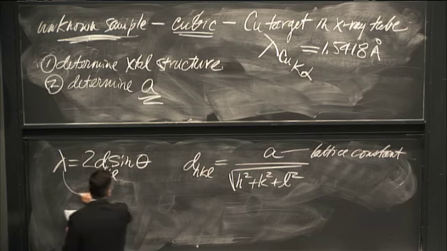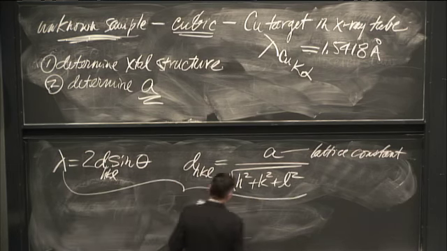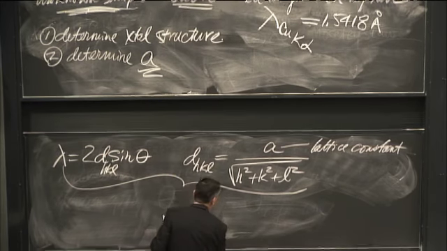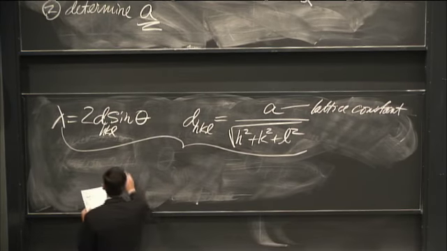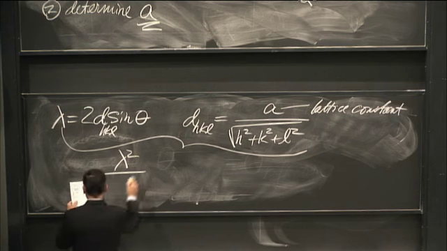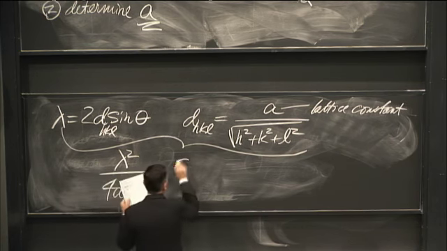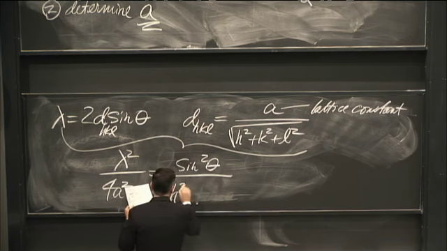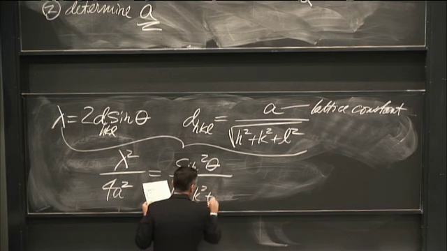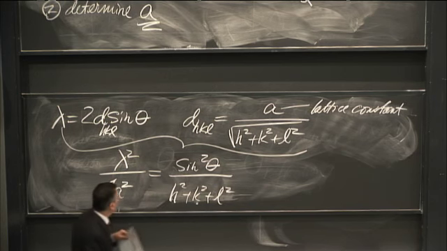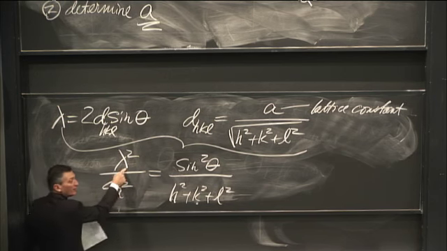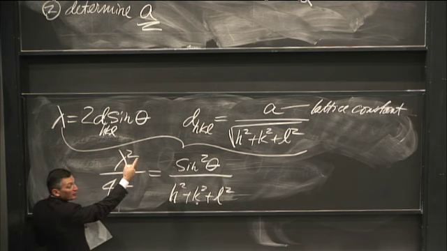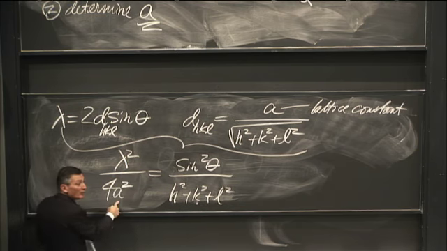If you combine the 2, you get lambda squared over 4a squared equals sine squared theta over h squared plus k squared plus l squared. And this is the key. Why is it the key? The value of lambda is set by you. You chose the target. The value of a is set by the sample. That's the lattice constant.